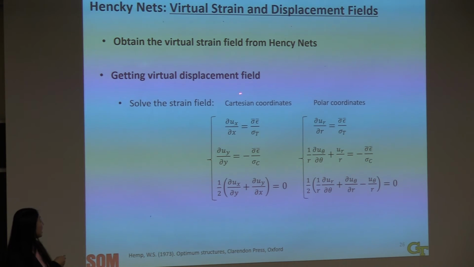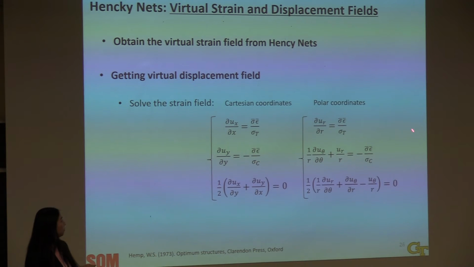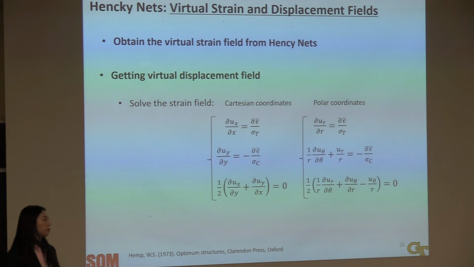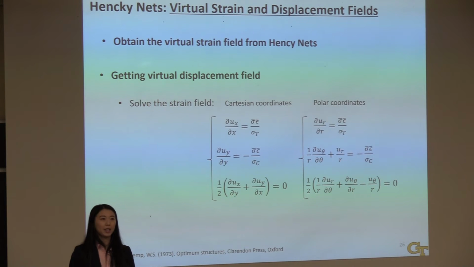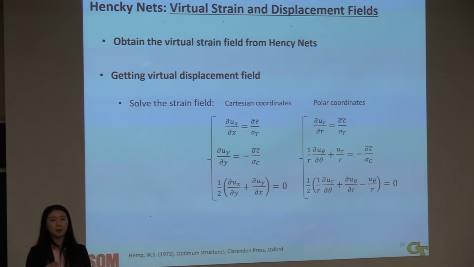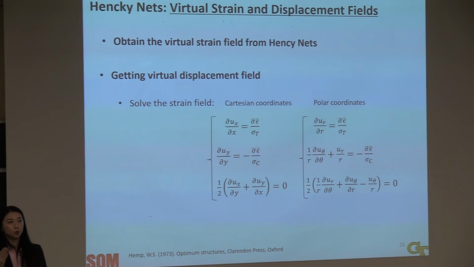This is an example of the PDEs for Cartesian coordinates and the example for the PDEs in polar coordinates. Because you know that the value of your strain needs to be the same as the strain limit that you put for the structure, and the direction of your virtual strain field needs to lie on the direction of your principal strain, or the coordinate axis of the coordinates that you choose.